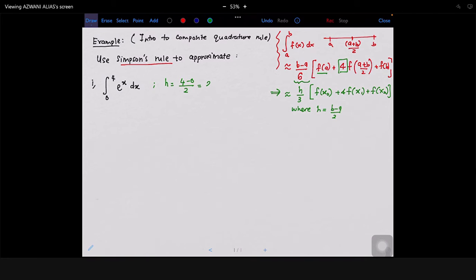Okay, H adalah 2. So, kita proceed. The integral of e^x dx approximates to H over 3, that is 2 over 3, times F(X0) which is F(0), plus 4 times the value between 0 and 4 which is 2, plus F(4).